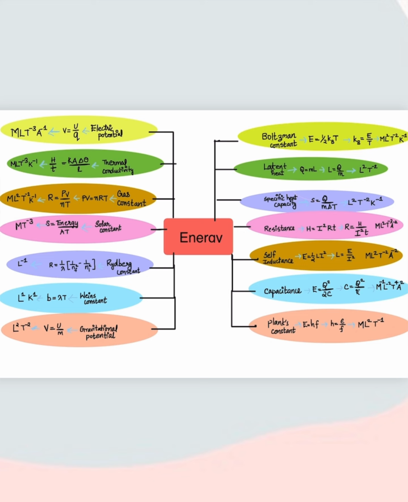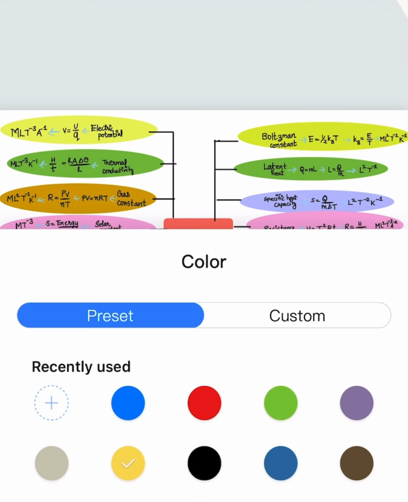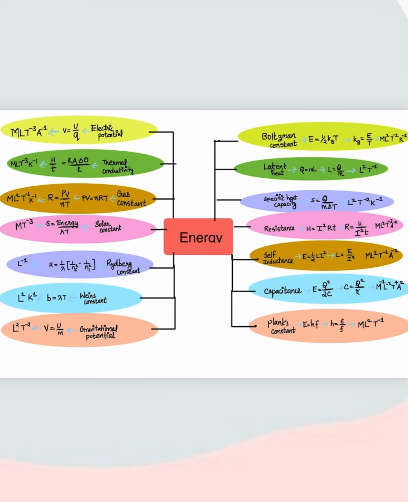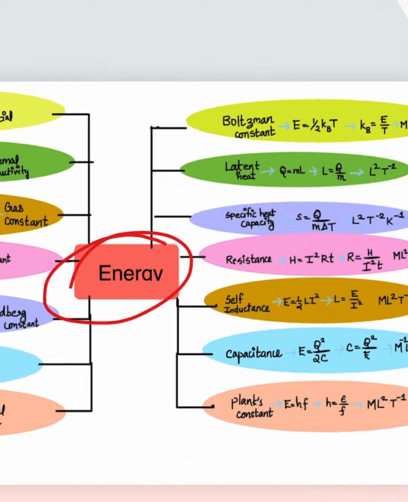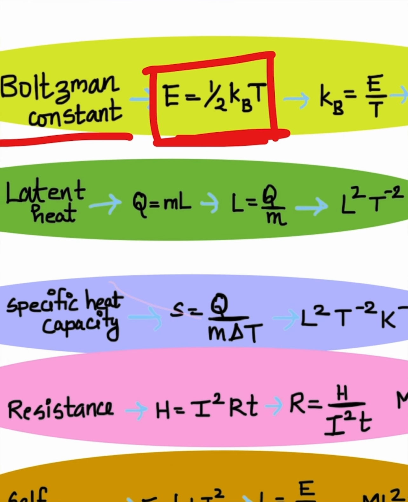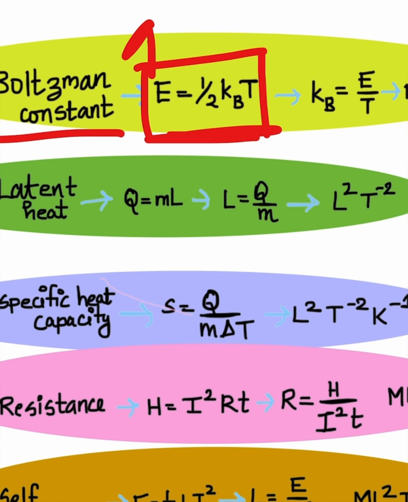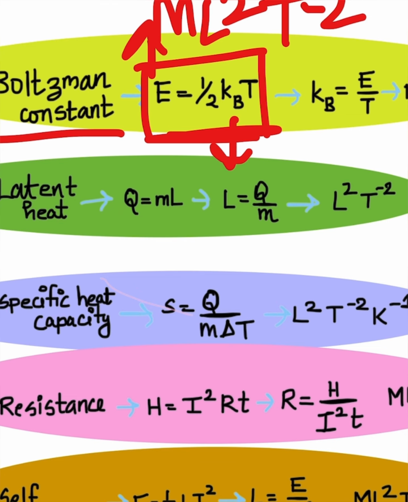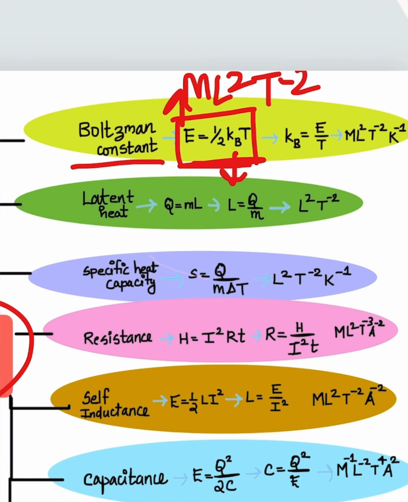So then we can derive dimensions of different quantities from energy. For example, for the Boltzmann constant, we know the equation for energy is equal to half kb into T. We know that for energy it is ml square T raised to minus 2, and for kb we have to find the dimension, and T is the temperature, okay.